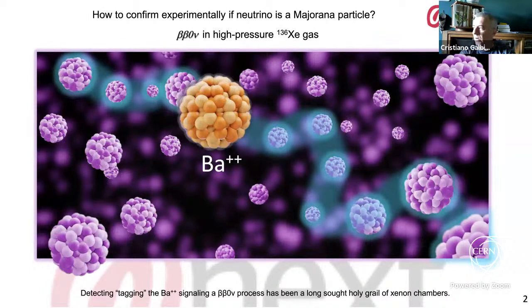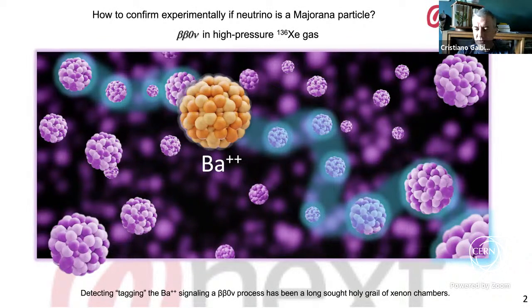So not only do they want to reject background with the use of gas and with the 3D reconstruction of the tracks, but they also want to prove that the xenon actually underwent a double beta decay to barium by identifying the barium ion in the xenon target, okay?